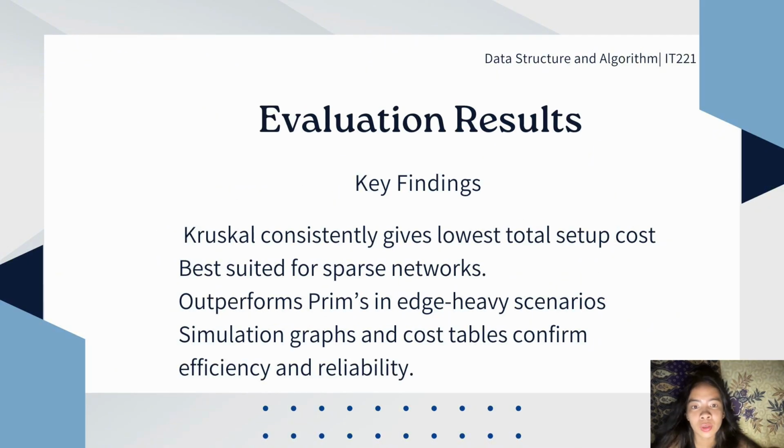The results showed that Kruskal's algorithm performs exceptionally well on sparse to moderately dense graphs. It consistently produced lower total MST weights and scaled better than Prim's when dealing with edge-heavy graphs. This makes it ideal for networks where connections are limited or costs vary significantly.